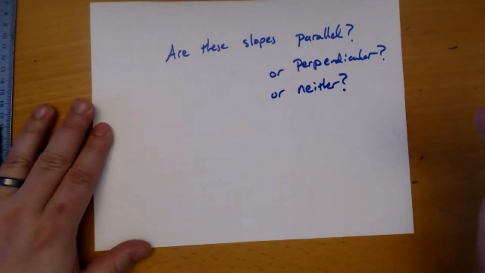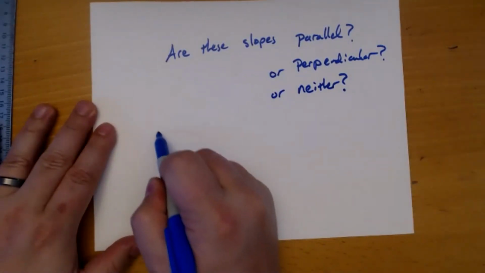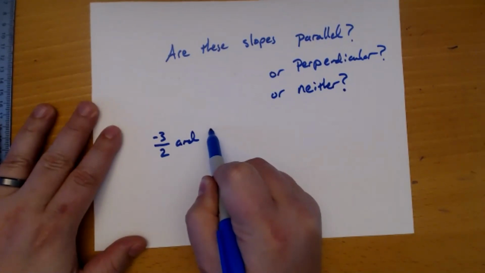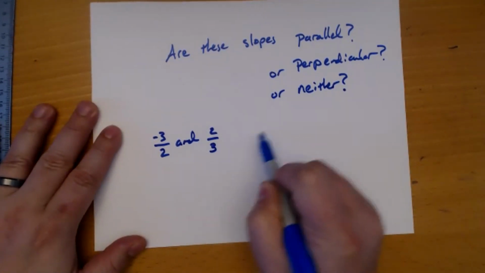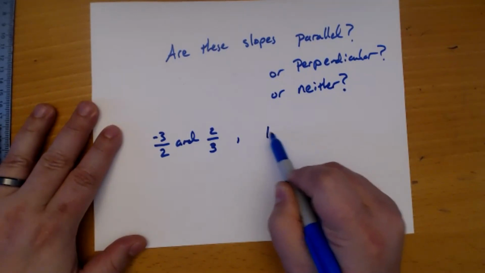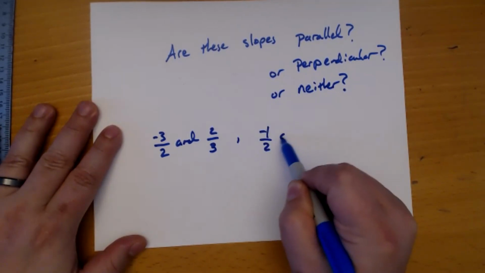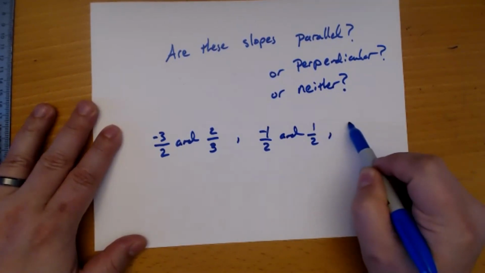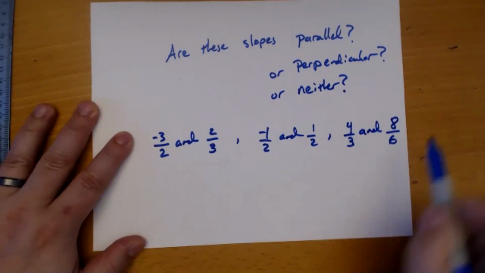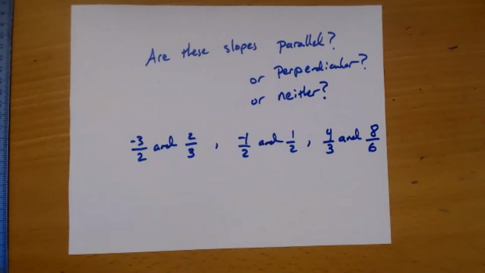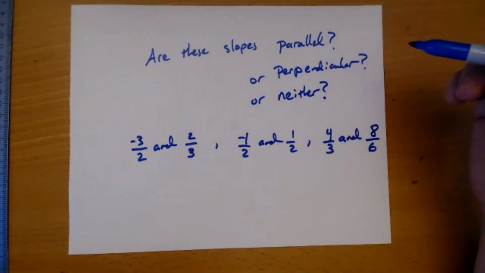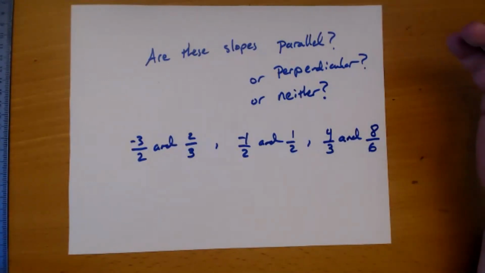This is a question that would pop up on, say, a test or a quiz. If I gave you these slopes, you would have to decide, kind of like a drag and drop, who's parallel, who's perpendicular, and who's neither.